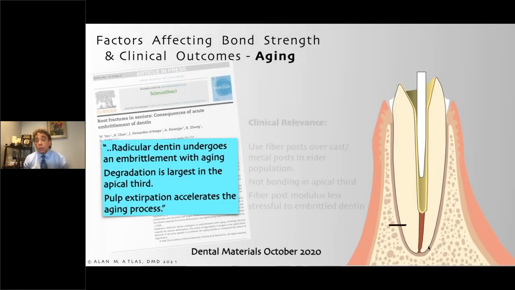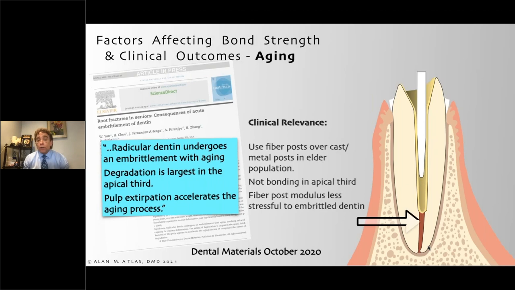So logically, the clinical significance is when I use a fiber post or a cast metal post in the elder population, because A, I'm not bonding in the apical third, and the fiber post modulus has less stress to the embrittled dentin. So this is why when I look at the aging patient, no matter what, I'm going to use a fiber post over a metal post, period, because it's going to be gentler to this brittle dentin. Makes sense. And that's where research helps us make decisions.